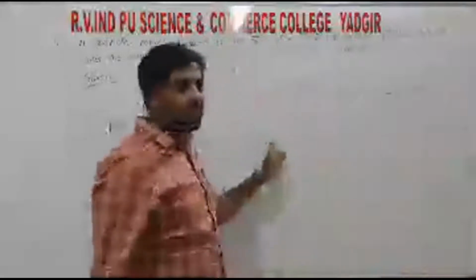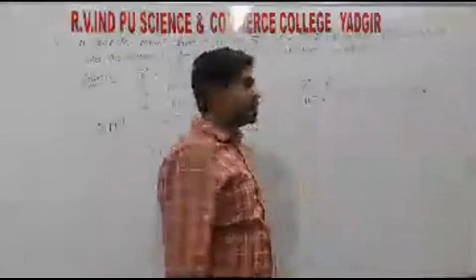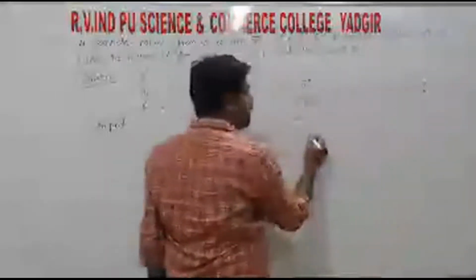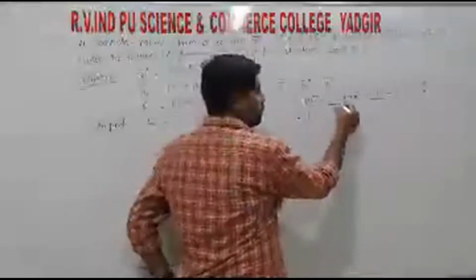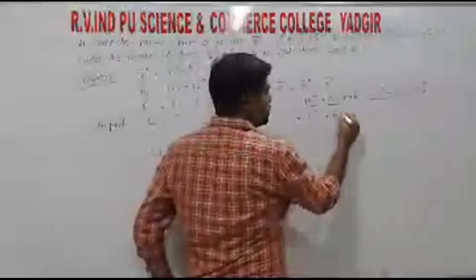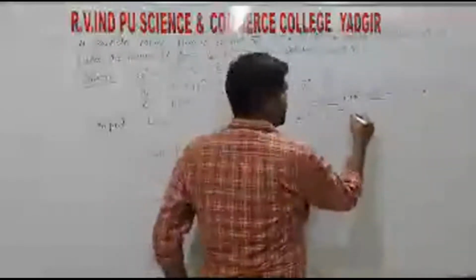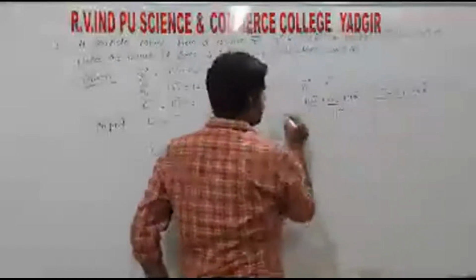Minus into plus, and minus minus becomes plus, right? So 14i cap minus 3i cap, that means 11i cap. So 13j cap minus 2j cap, that is plus 11j cap, right? So plus 9k cap plus 6, 15k cap. So this is the displacement vector.